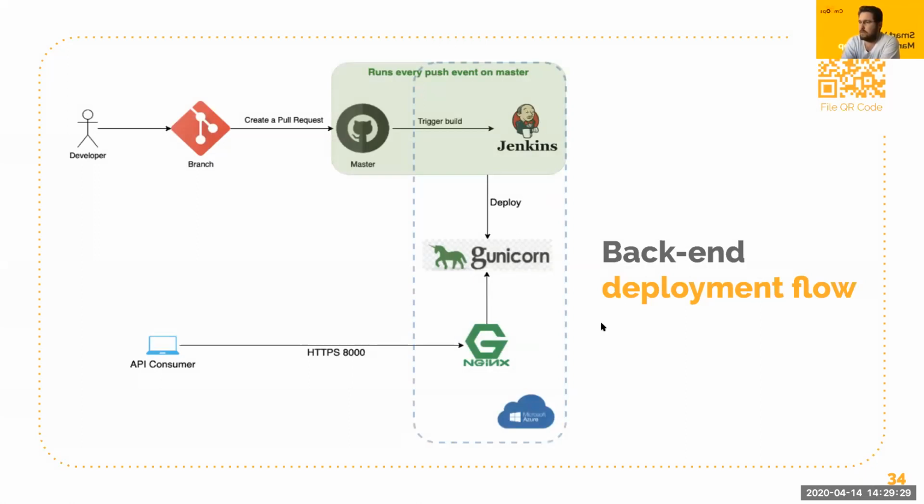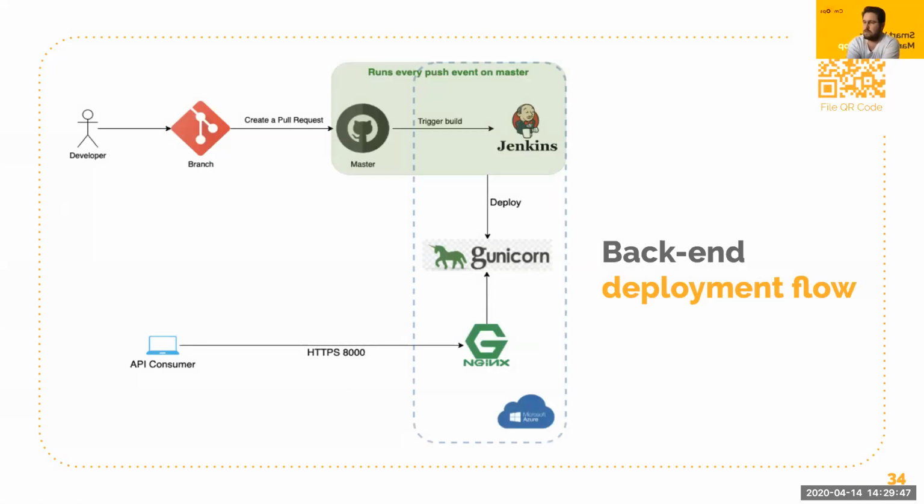This is a diagram to explain how we approached the development flow. Since the beginning, we used a Git branch workflow, and there is a little bit of continuous integration and delivery in this project, so we don't have to do builds manually.